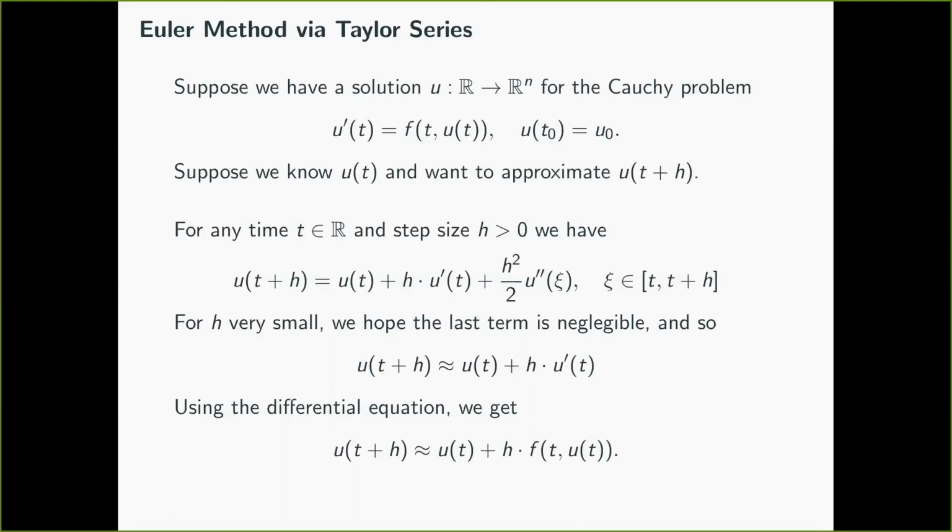That xi is somewhere in the interval from t up to t+h. For very small h, we can then hope that the last term is negligible. And so again, we have the approximation u(t+h) is roughly the same as u(t) plus h times u'(t). And again, using the differential equation, we get that u(t+h) is roughly the same as u(t) plus h times f(t, u(t)).